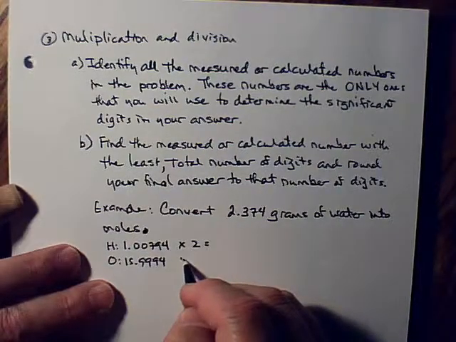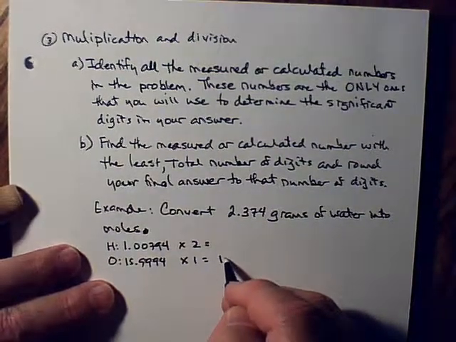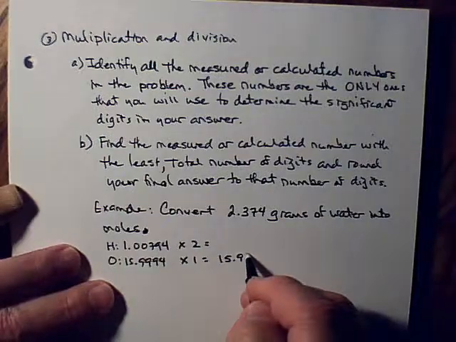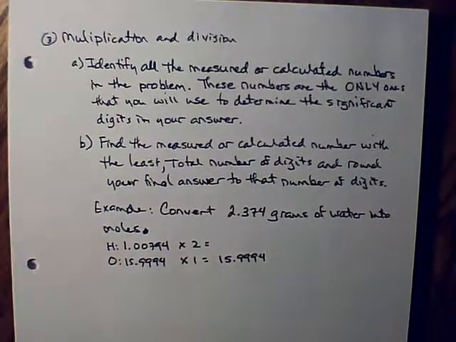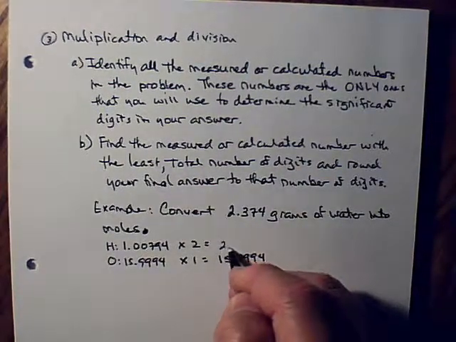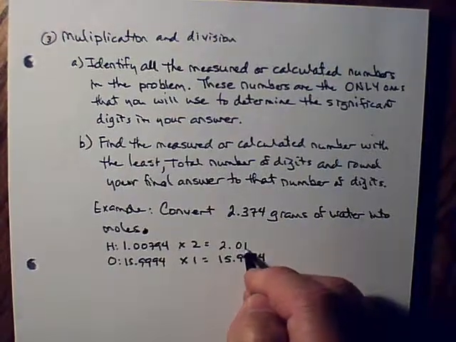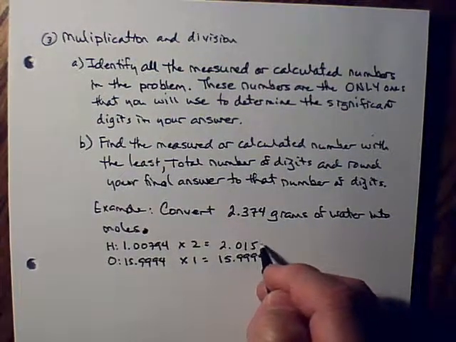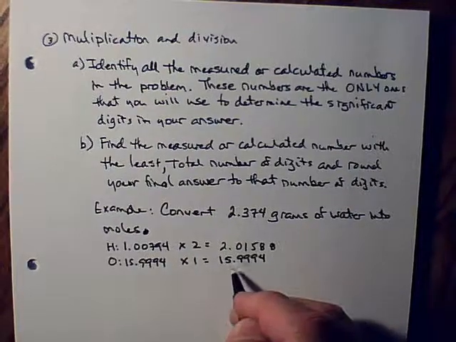We have 2 hydrogens and 1 oxygen, so we're going to have 15.9994 for the mass of the oxygen here, and we're going to have 2.01588.